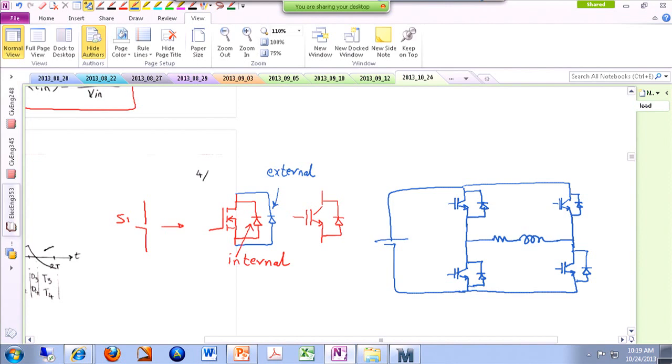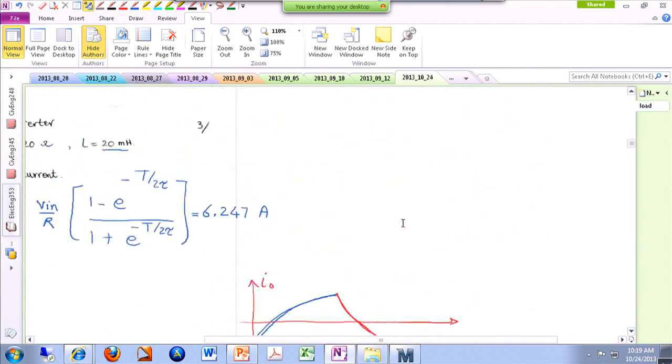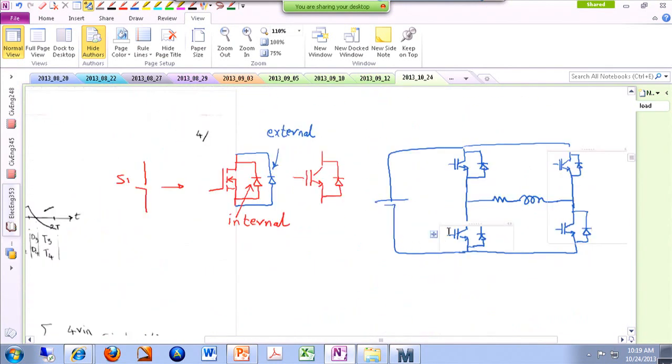Now, let me just go back and label these. So this is, let me call it, for instance, transistor number 1, transistor number 2, diode number 1, diode number 2, and which one was the third one on top, I guess? Yeah.